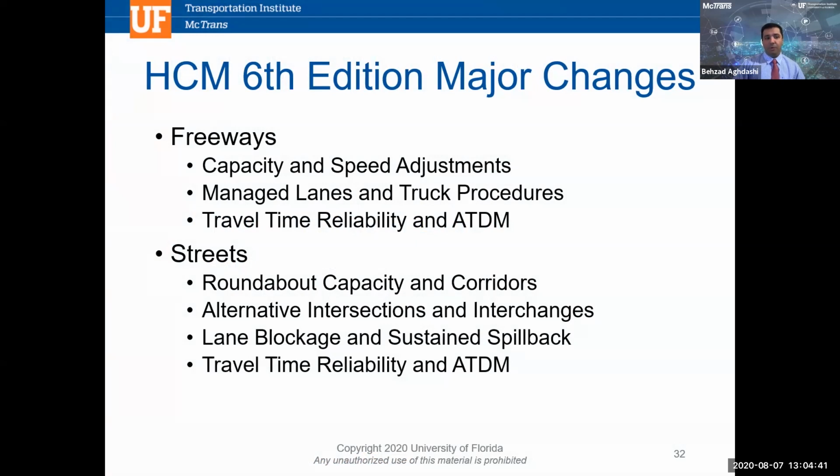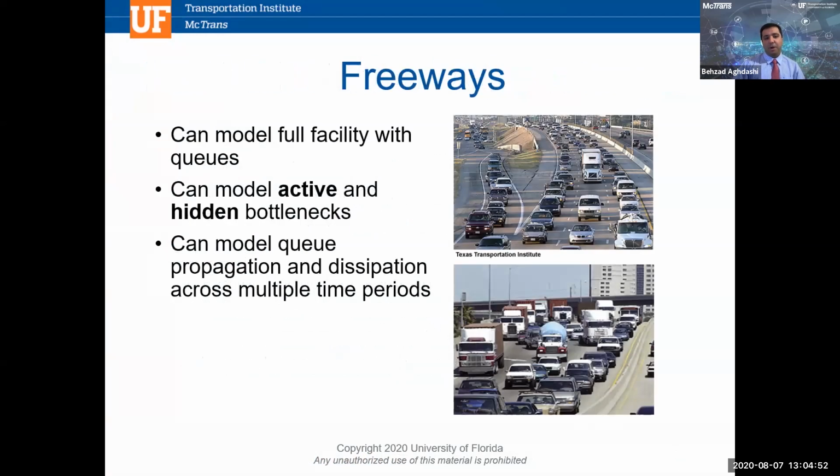So I'm going to go over both freeways and streets, to account for uninterrupted flow and interrupted flow type of facilities, and one by one look into that and highlight what are the things that we can analyze in HCM, as opposed to simulation, microsimulation, etc.